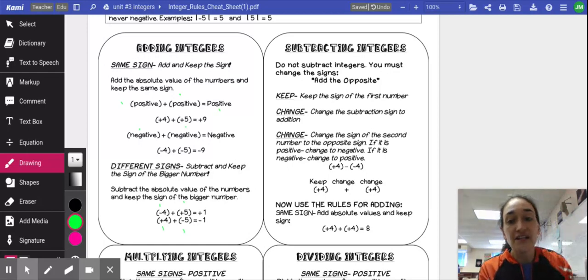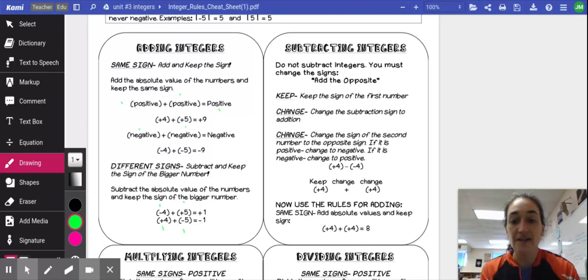And then repeating the subtraction tips, I just said that when you're thinking of subtracting, take all of your subtraction problems and turn them into addition problems. This is the keep, change, change. Keep the sign of the first number. Okay, keep that number. That's your starting point. Change subtraction to addition, and then change the second number in your problem to the inverse. So if you had a positive 4, it's going to turn into a negative 4. So keep, change, change.